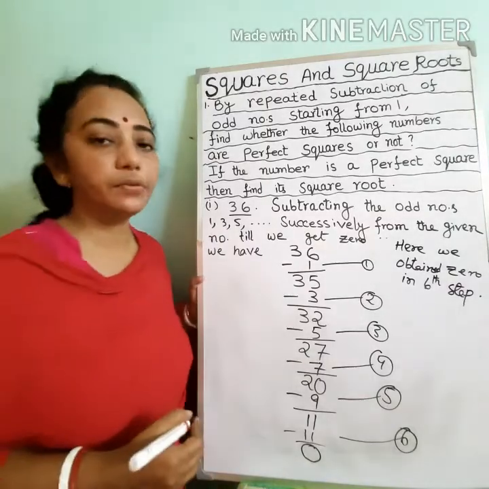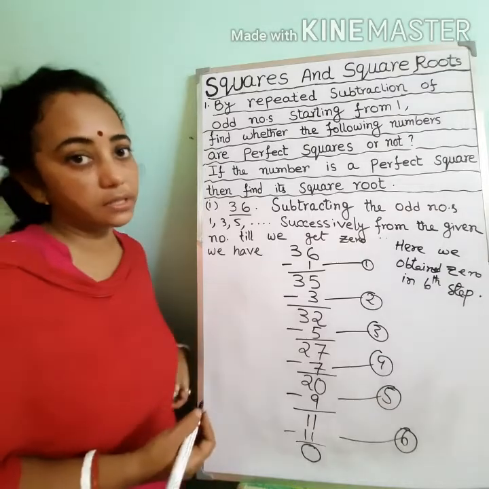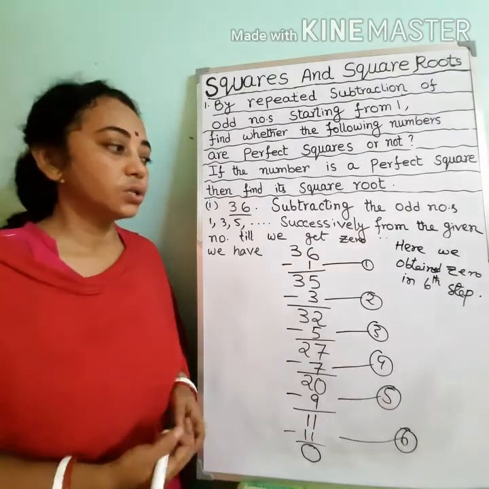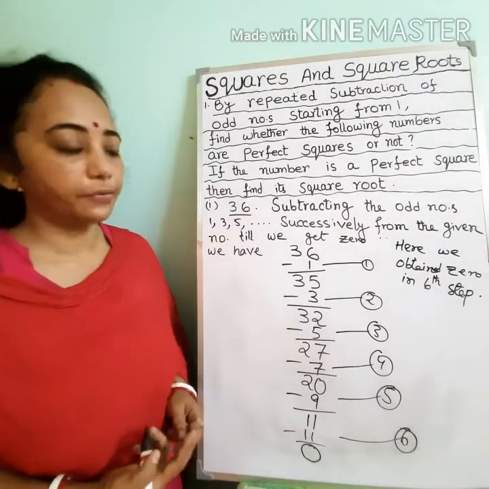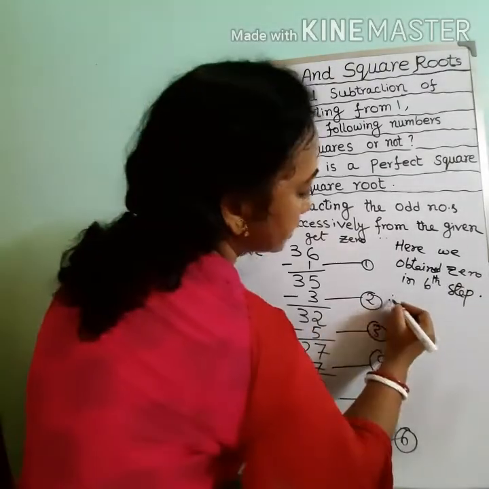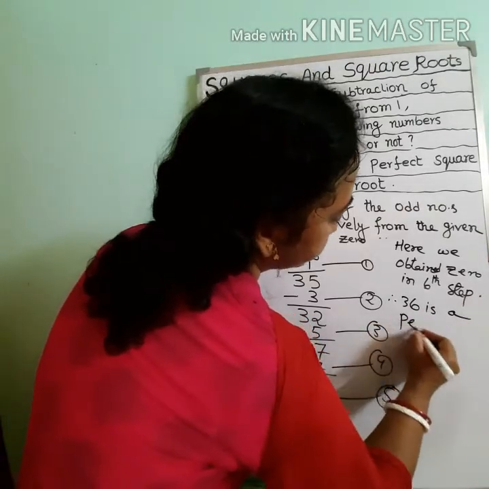So that means the given number is a perfect square. The subtractions were performed 6 times, and as we got 0, the given number is a perfect square. Therefore 36 is a perfect square.